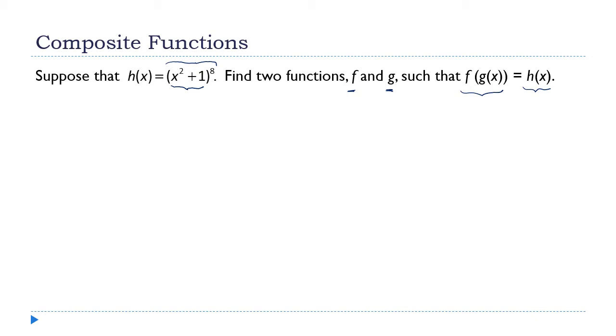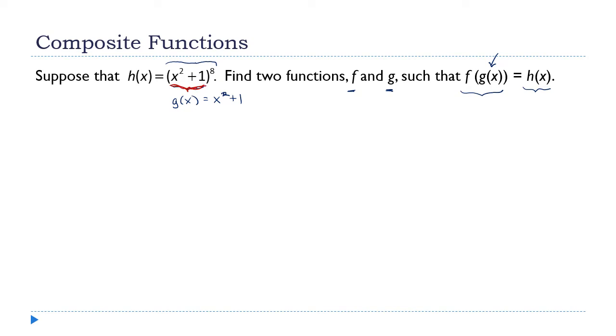Okay, so you notice how I kind of broke this up here. I'm going to let g of x be x squared plus 1. You notice g of x is the inside function in the composition, and it's also the inside function here with the original one.